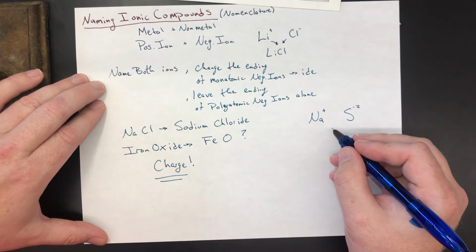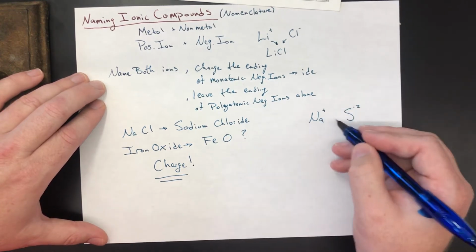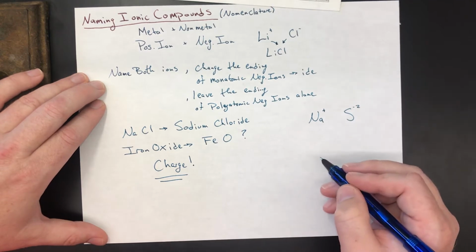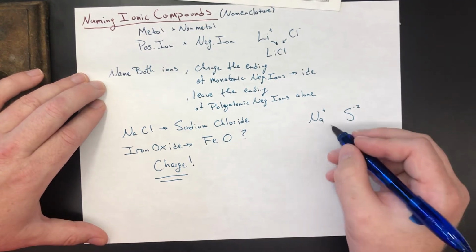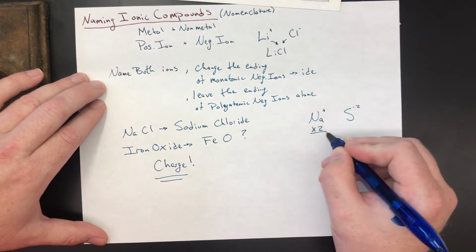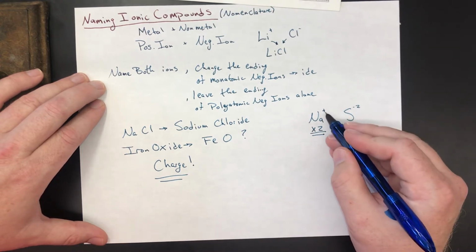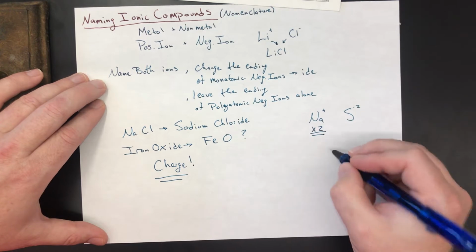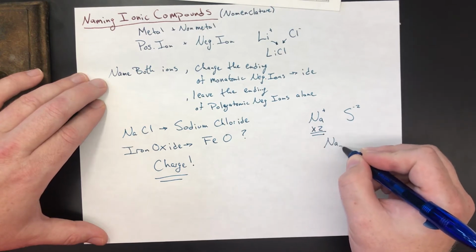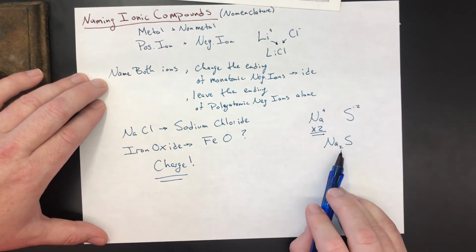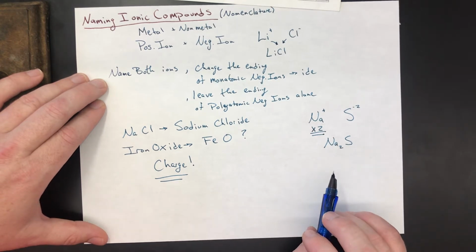When these come together, I need them to add up to 0. I need all the positive and all the negative to balance out. So I would need twice as much of my sodium for each sulfur, because this is only +1, this is -2, so I would end up with a compound like this. And we show that with subscripts. So I need 2 sodiums for every sulfur.